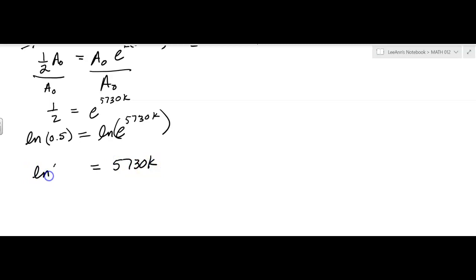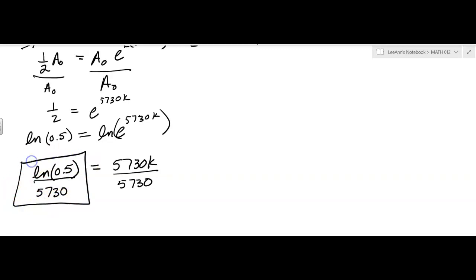And then I still have the natural log of 0.5. And I can figure out what that is. Okay, so I'm going to go ahead and divide both sides by 5,730 so I can figure out what k is. This then is k. It's not the answer, but it's k.